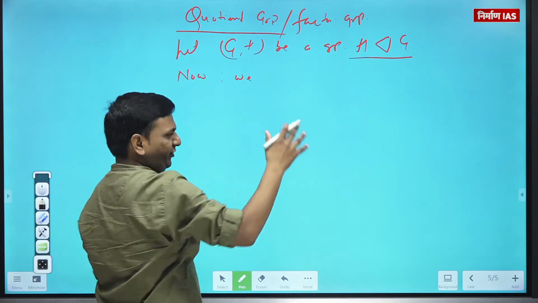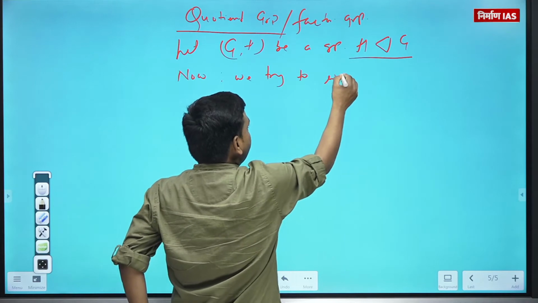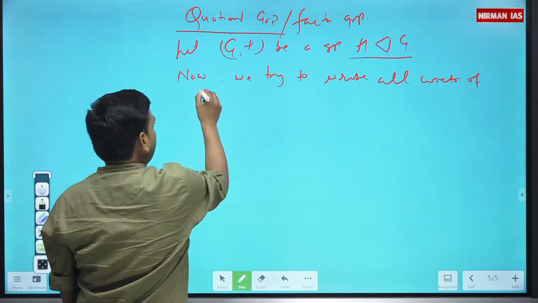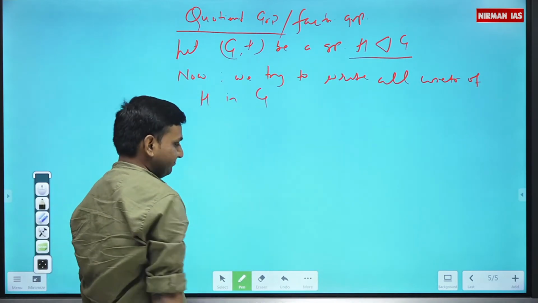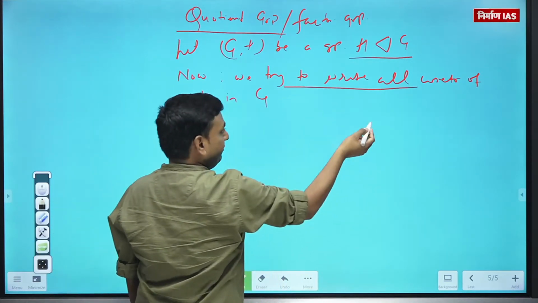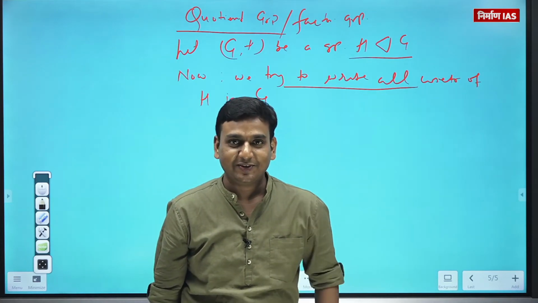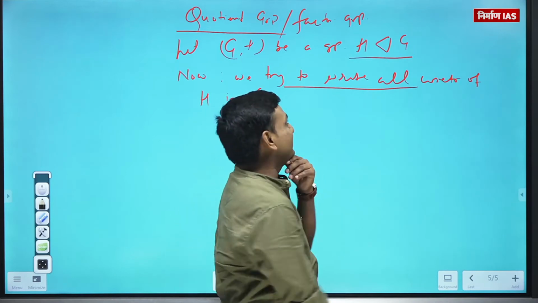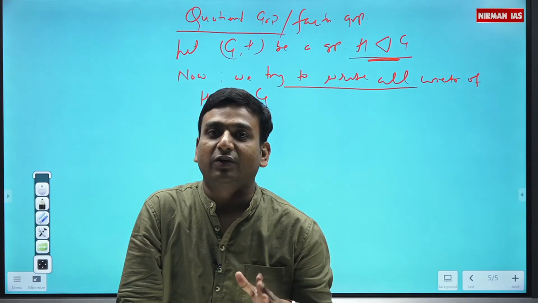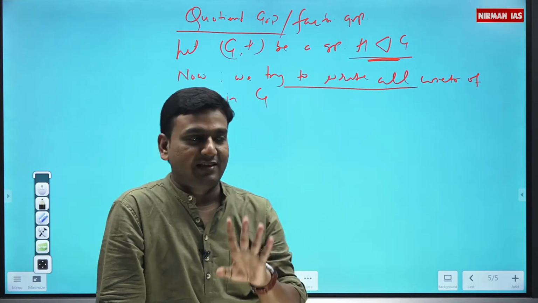Now we try the definition, we will understand, but first visualize. We try to write all cosets of H in G. Left cosets as well as right cosets, will they be different? No, because H is a normal subgroup, each left coset of H in G will be the same as the right coset of H in G by that element itself.